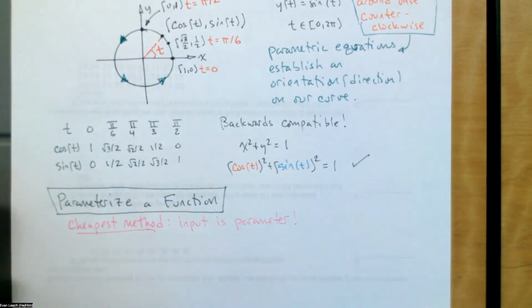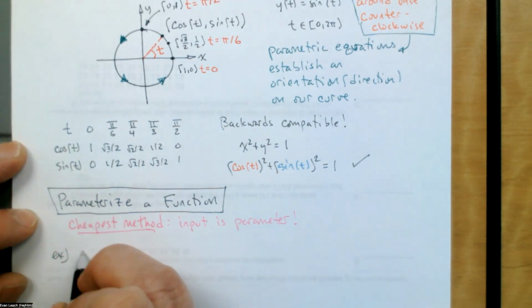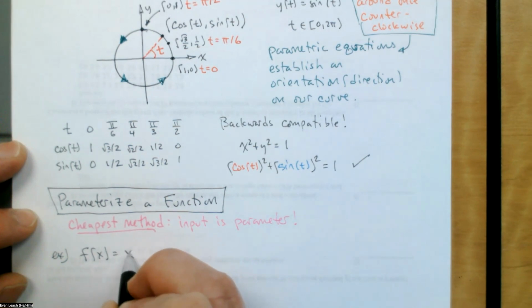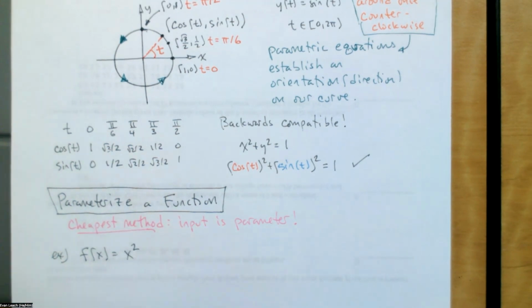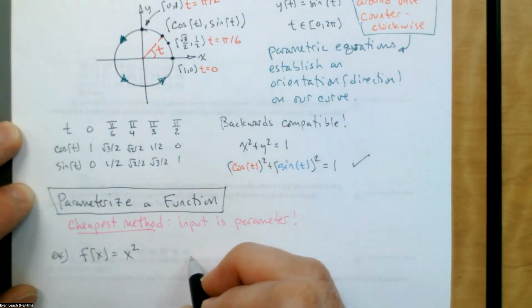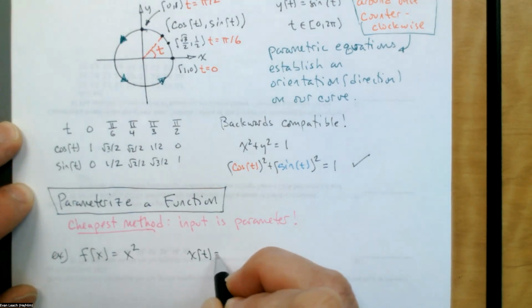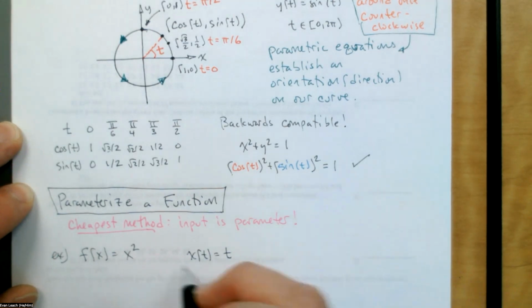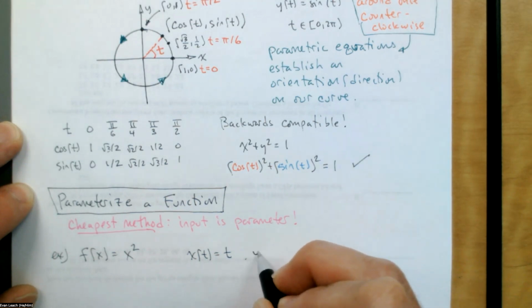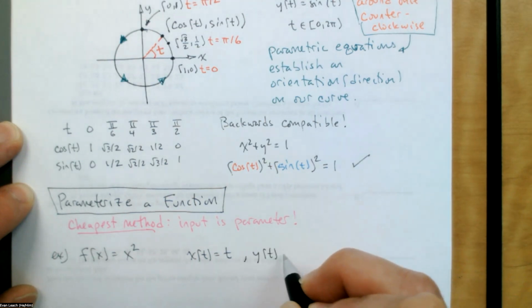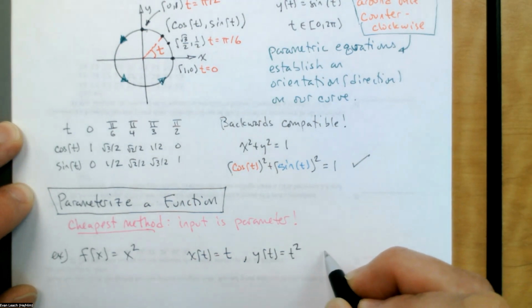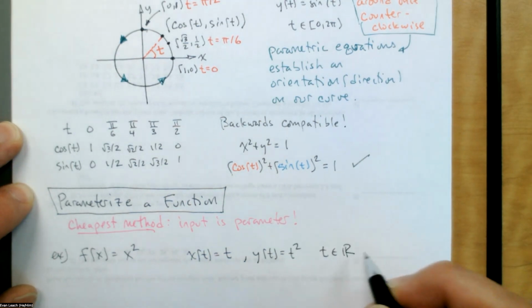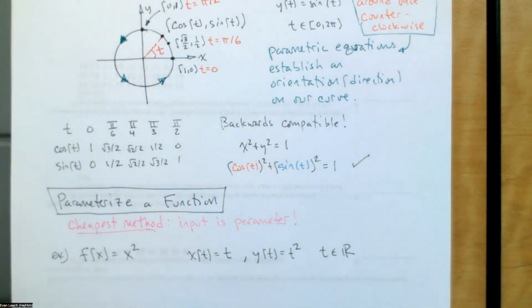So for example, if we have a function where f of x equals x squared, that is the y coordinate is equal to x squared. Just make x of t just t. X is the parameter, and then the y coordinate is the function. If we do this for all values of t, then we will get the whole parabola.